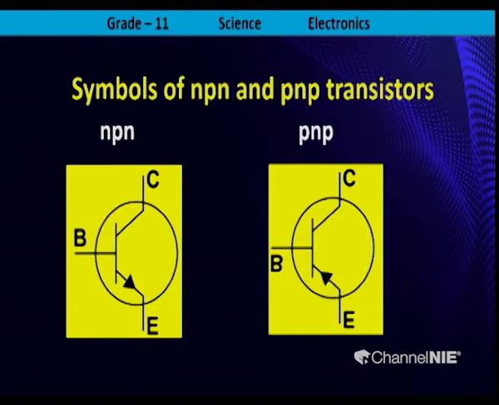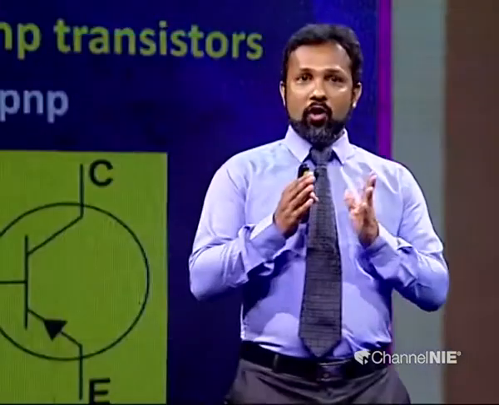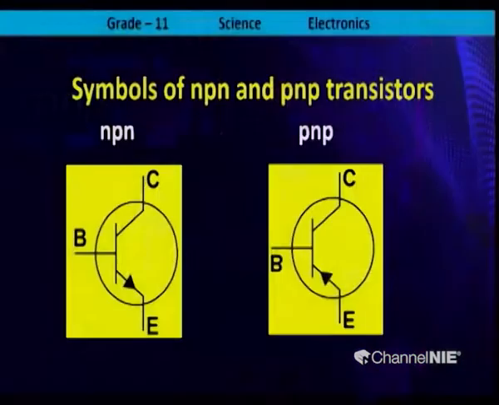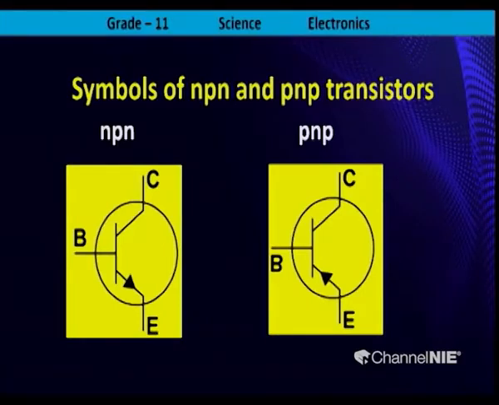What's that difference? When you focus our attention on the symbol of the NPN transistor, you can see the arrowhead is pointed away from the base towards the emitter.